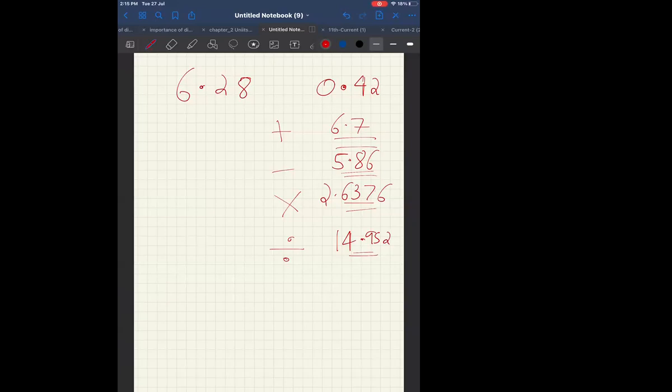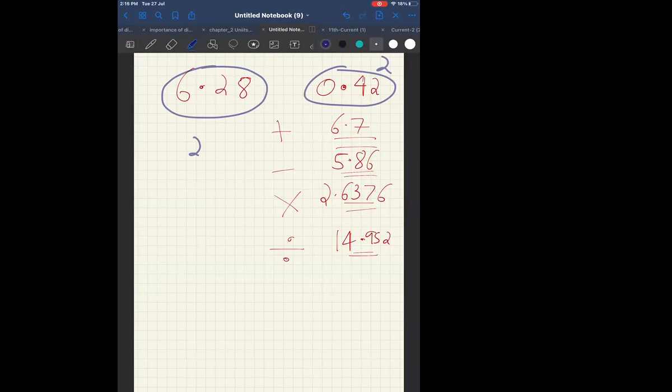Okay. Now tell me, addition. How many decimal places does it have? 2. How many decimal places does the other have? 2. Therefore, can I say my addition and subtraction should be 2 decimal places itself?